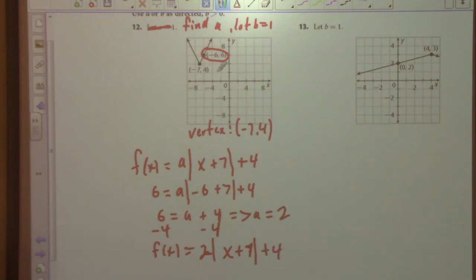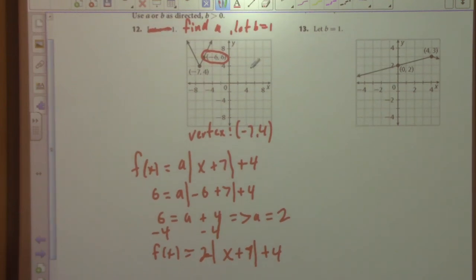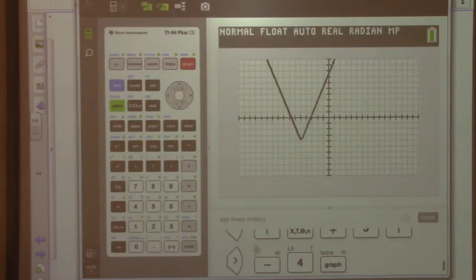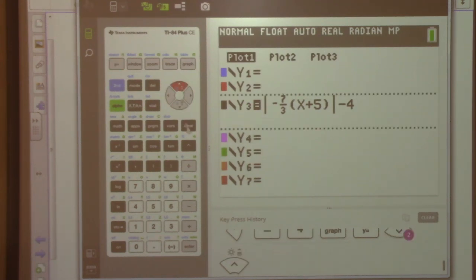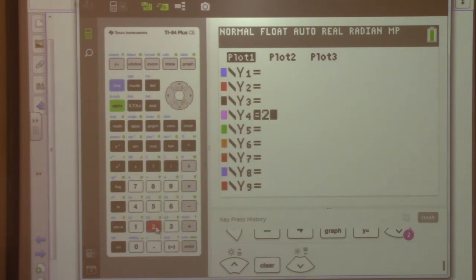And the last thing we can do is test to make sure that's what it is, recognizing we have the points here. So we go to our calculator, erase this, we'll go for magenta color, so 2, absolute value of x plus 7, is that right?